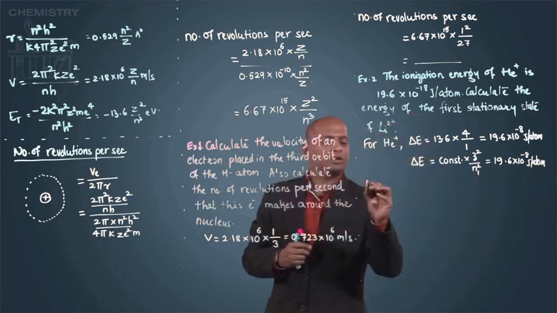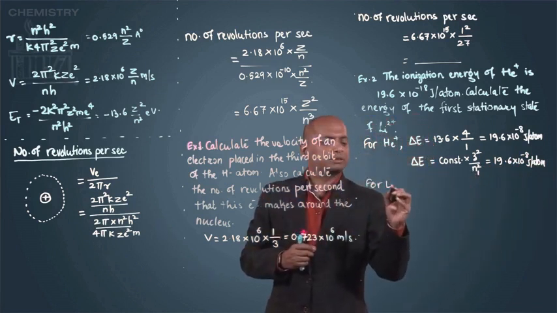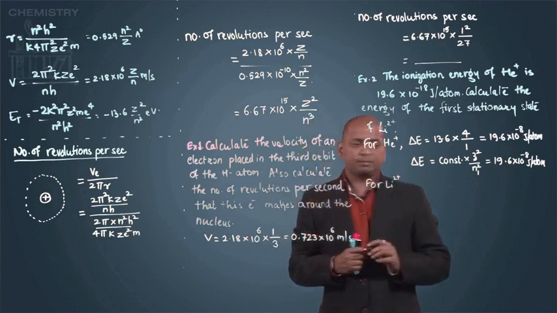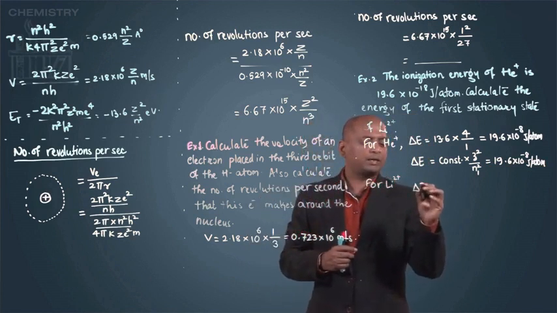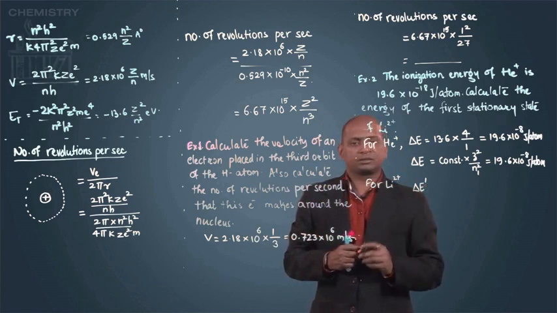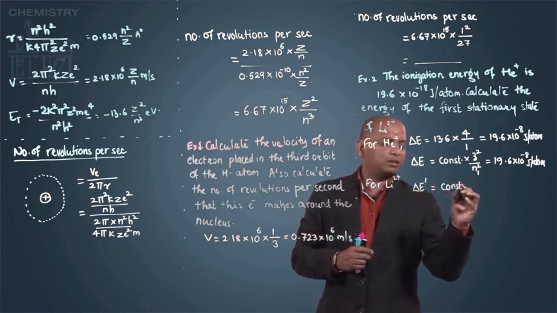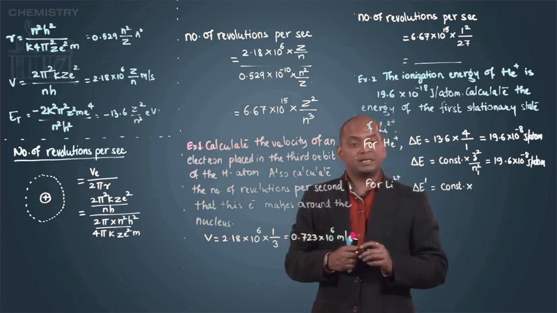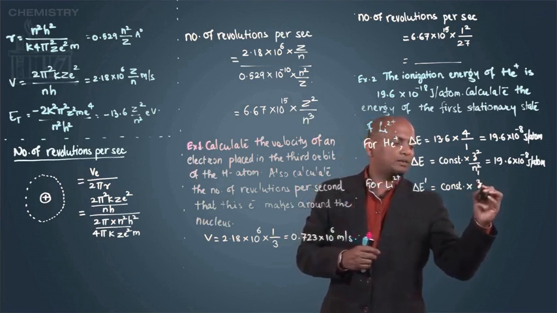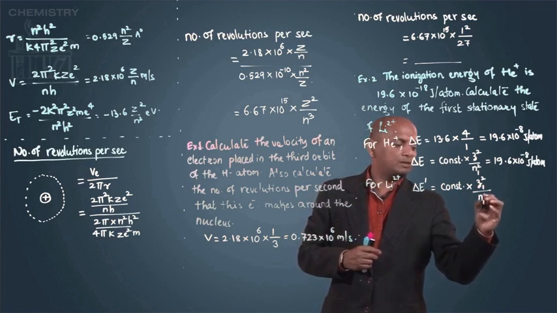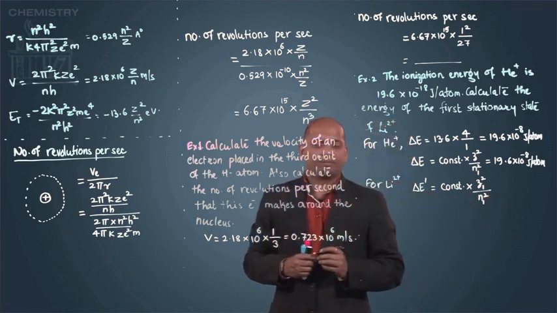For Li2 plus, same concept. So here I am writing this as delta E dash. That is equal to the same constant, that remains the same, times Z1 squared divided by N1 squared, because that N1 is the same.